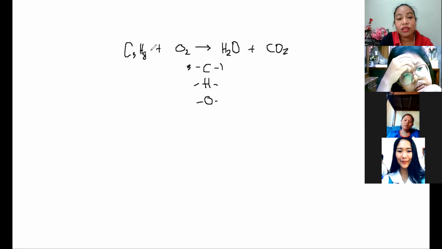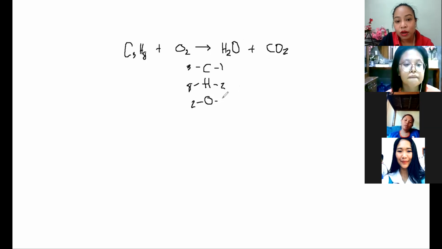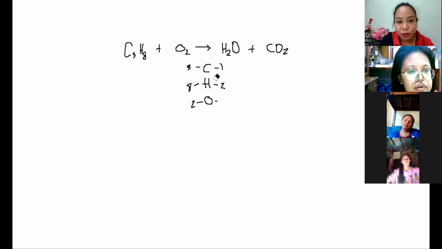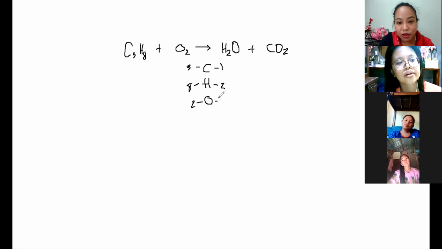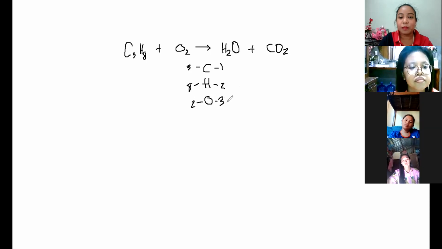How many hydrogens are there in the reactant? 8. On the product side, 2. Oxygen here, 2. In here, 3. One in H2O, two in carbon dioxide, so 3. Okay.